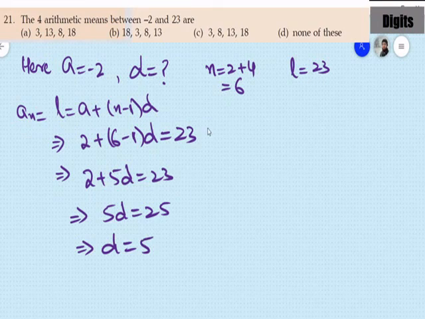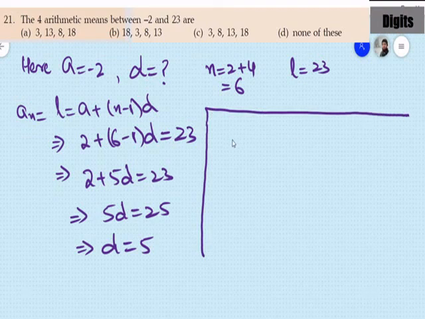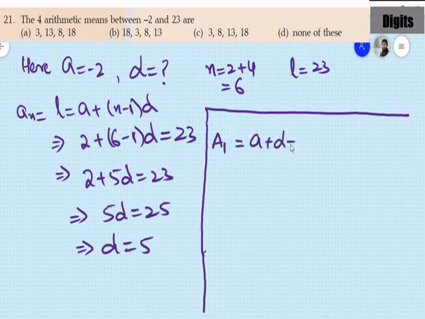Now we have found out D equal to 5, so we are able to write the arithmetic means. The first arithmetic mean, if I represent by A1, it will be the first term A plus D, which is equal to minus 2 plus 5, which is equal to 3.